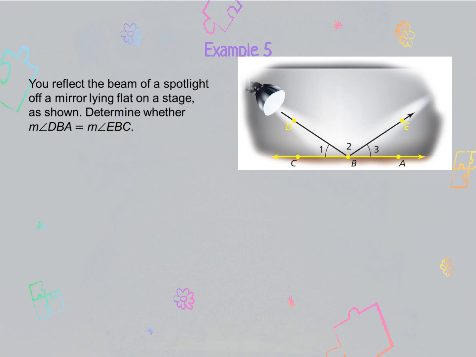Determine whether the measure of angle DBA is equal to the measure of angle EBC. So that's not what's given. That is what I'm trying to prove. That's what I'm trying to find. So that should be my very last step. So here is DBA. And then here is EBC.